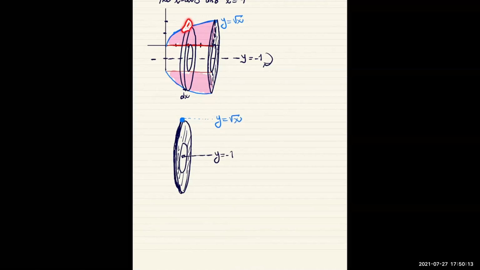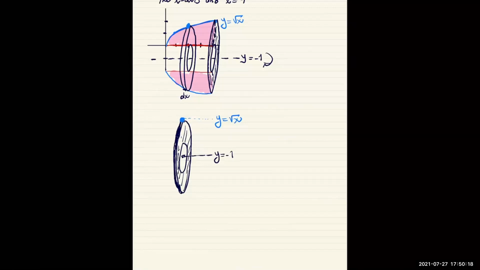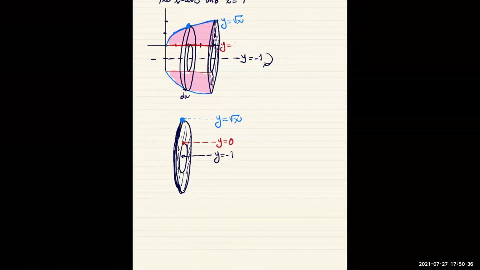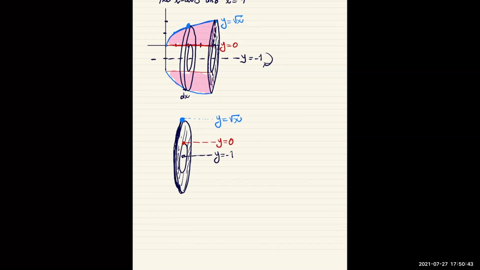This point on the washer, this right here, is on the x-axis, where the hole begins, on y equal to 0. That's the equation of the x-axis. Okay, so if I have those three quantities, then I am able to find the volume easily.